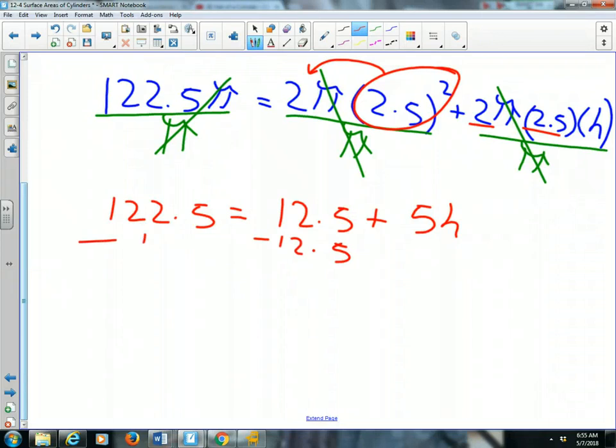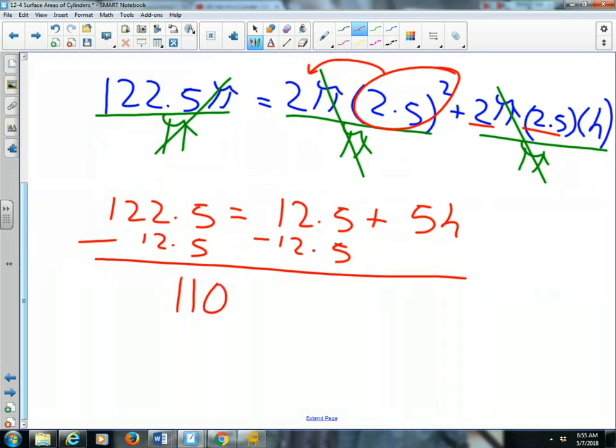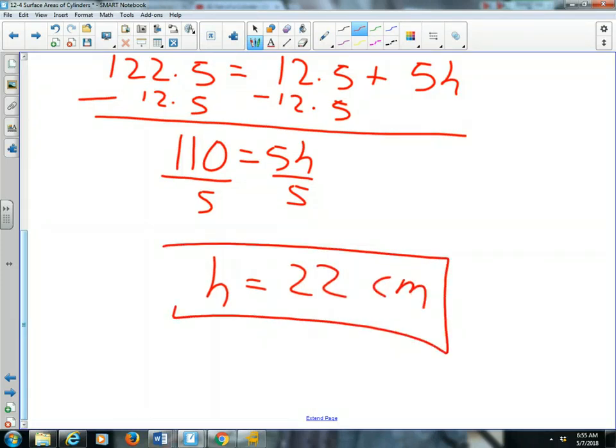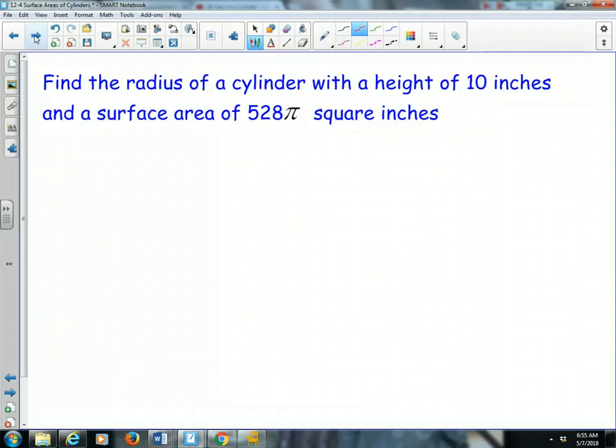Subtract 12.5 from both sides. And then you would get 110 equals 5h. Divide both sides by 5. And h, the height of our cylinder, is 22 centimeters.